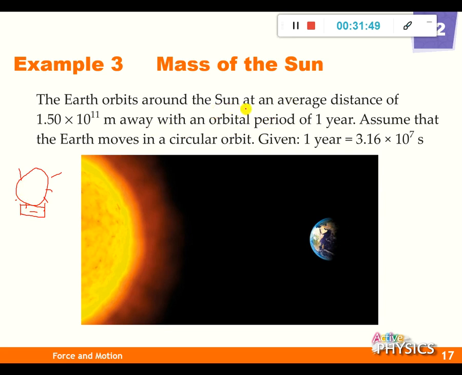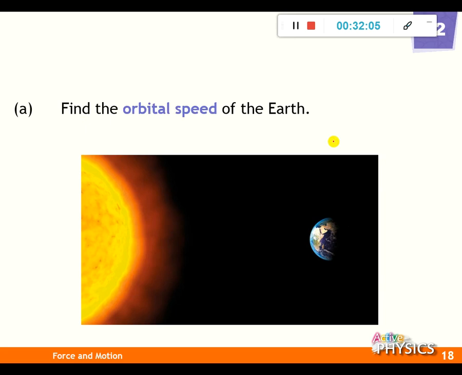Firstly, you should try to find out the separation between Earth and the Sun. And also, we know that the period for the Earth to move around the Sun, one cycle, should be 1 year. Okay? Try to do it. Find the orbital speed of the Earth.